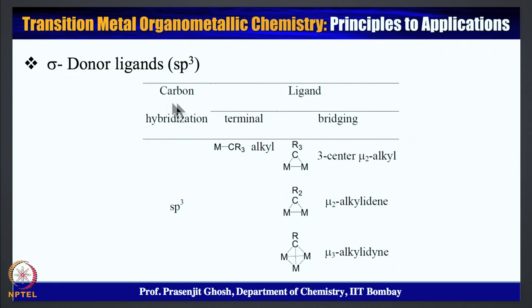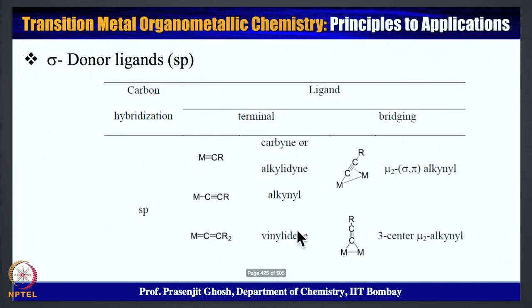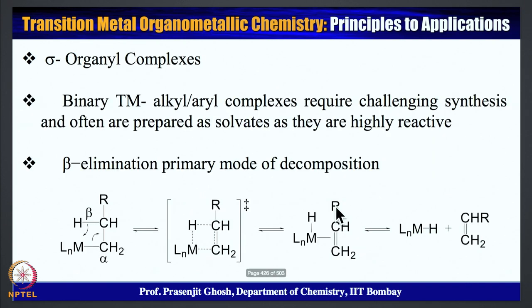And to start with, we looked at various sp3 hybridized ligands like metal alkyls, the type of bridging they show. We looked at sp2 type sigma donor ligands, the aryls, vinyl, acyl, and then finally sp type, where carbene, alkylidyne, alkenyl, vinylidene, and so on, and the type of bridging they undergo.